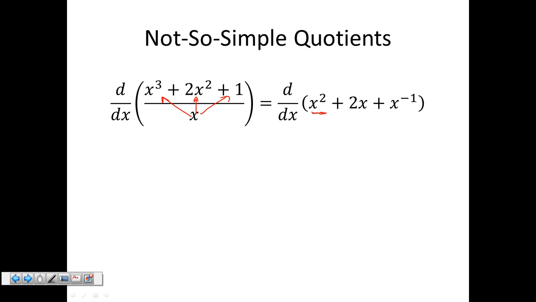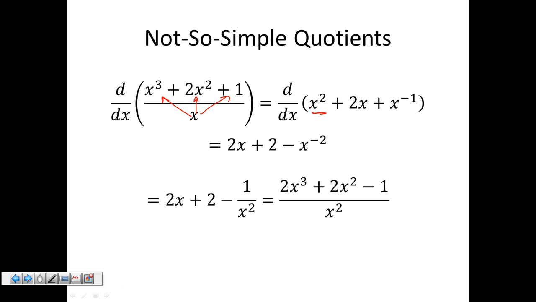And again, 1 divided by x, I turn it into a negative power. Take my derivative of each piece in this new expression. The derivative of x squared is 2x. The derivative of 2x is 2. And I bring that power down front, and it becomes minus x to the negative 2.